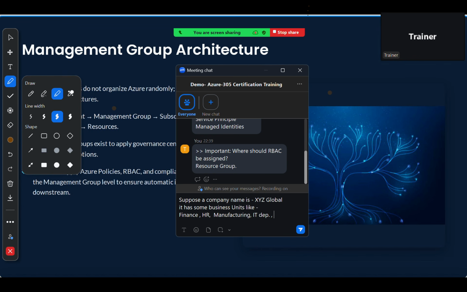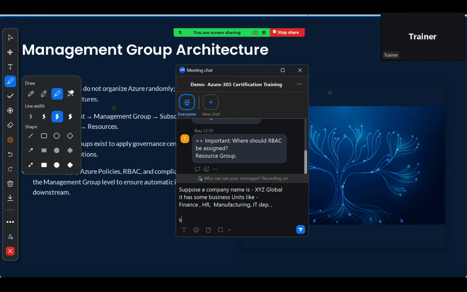So what will the architecture look like in that case? Can you guess?